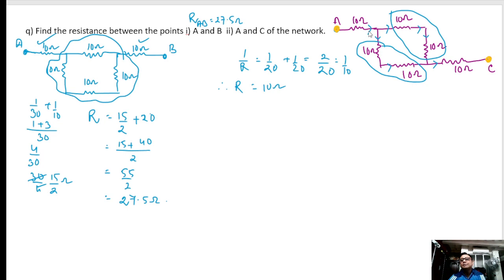Now with this 10 ohms, see this 10, this 10 and this 10 are in series. Therefore the net resistance will be 10 plus 10 plus 10, which is 30 ohms. Clear? This is the solution of the second part. So RAC will be 30 ohms. Clear?